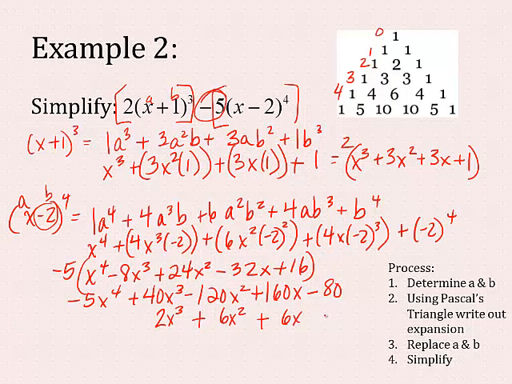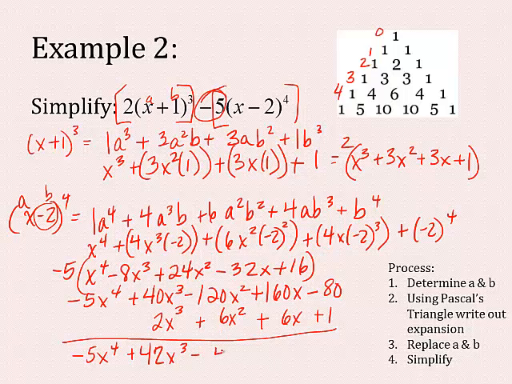And 2 times 1 is 2. Now it's just a big addition problem, really. Okay, so you just combine terms. So negative 5x to the 4th. 40 plus 2 is 42, x cubed. Negative 120 minus 6 is negative 114, x squared. Plus 166x minus 79.